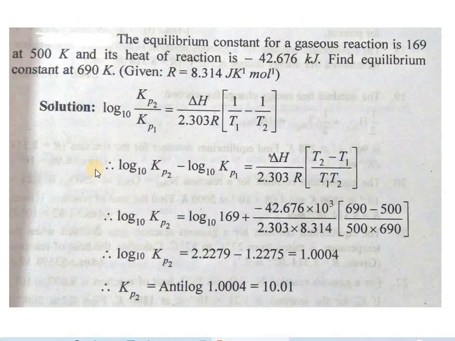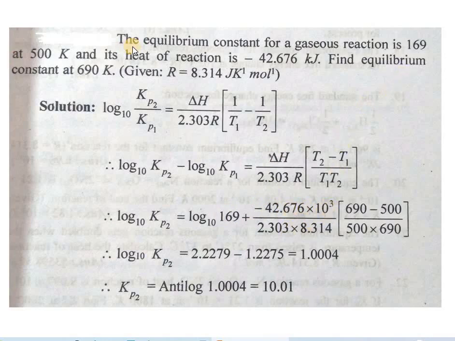Rearranging this equation, we get log to the base 10 Kp2 minus log to the base 10 Kp1 is equal to delta H upon 2.303 R into T2 minus T1 upon T1 T2, and then log to the base 10 Kp2 is equal to, minus becoming plus, log to the base 10 of Kp1, which is 169, plus the value of delta H, minus 42.676 into 10 raised to 3.